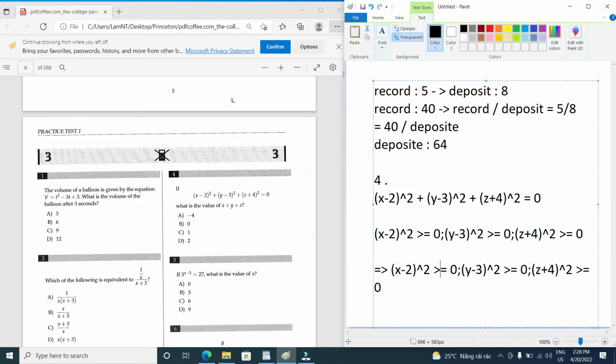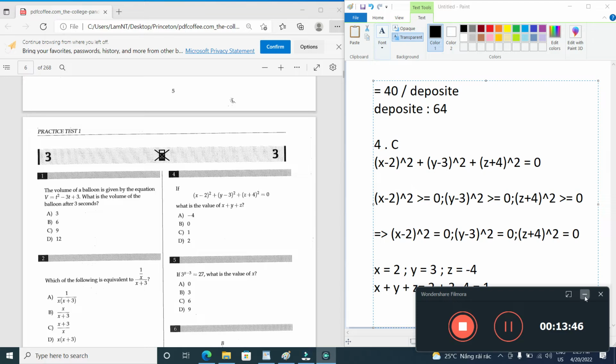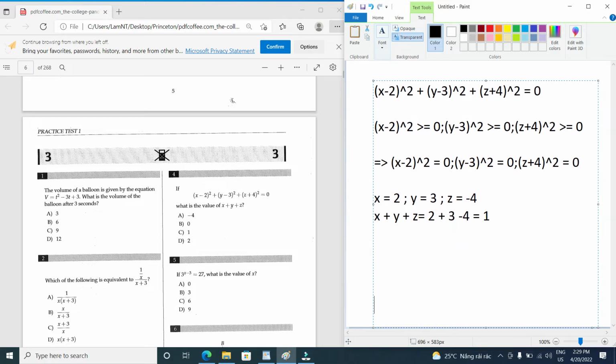It's not greater than or equal to, it's strictly equal to 0. With this knowledge we easily solve: x equals 2, similarly y equals 3, and z equals minus 4, which makes their sum 1, because x plus y plus z is 2 plus 3 minus 4, which equals 1. So that's actually C. Okay, so number 5.